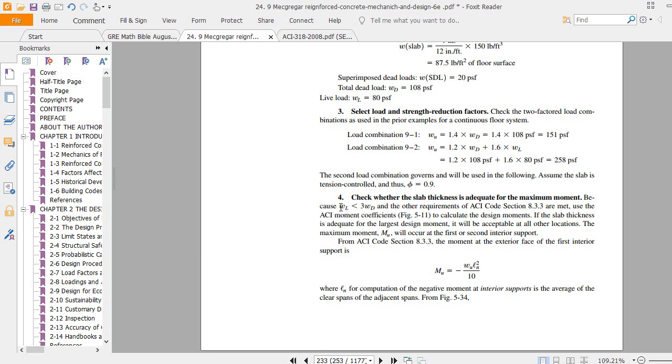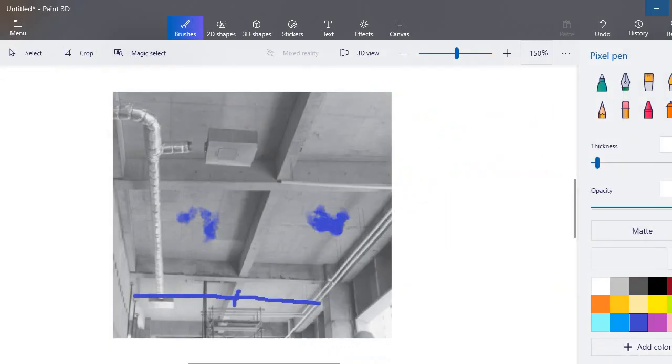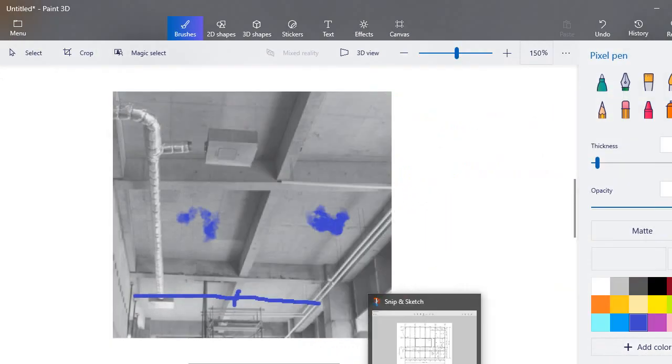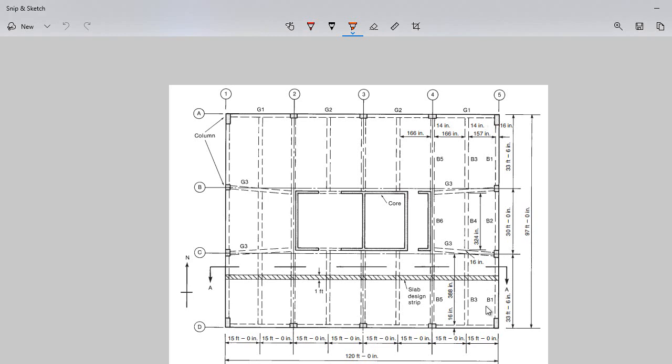But here you see the live load is less than 3 times the dead load. And remember there are some criteria. For example, if this span is 15 and this is also 15, and they differ, the difference should not be more than 20% of the shorter span.